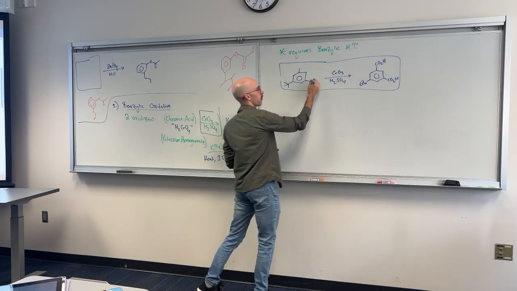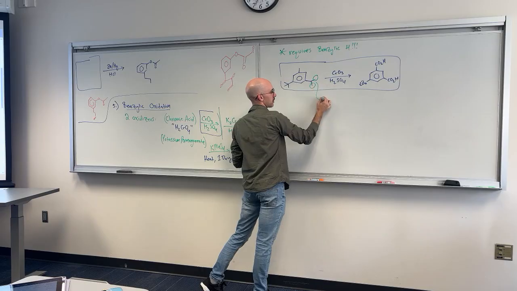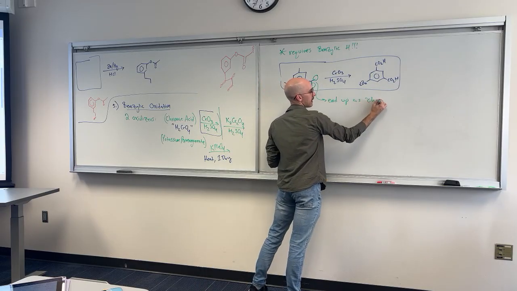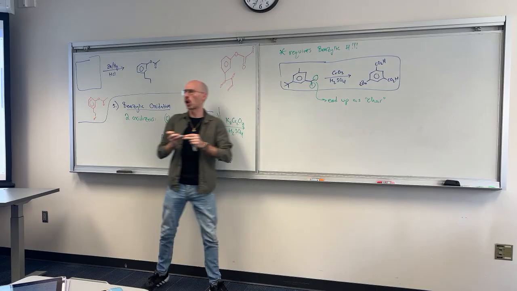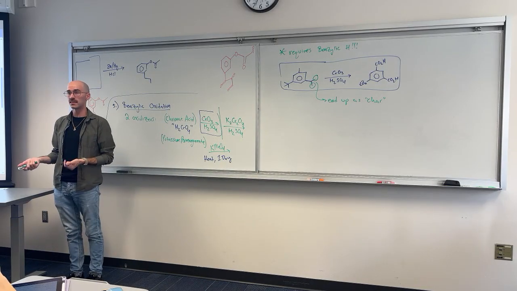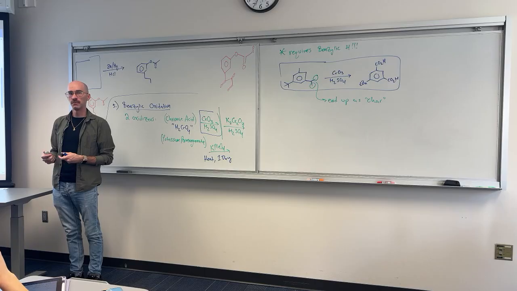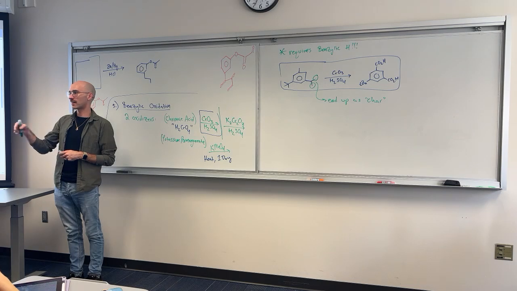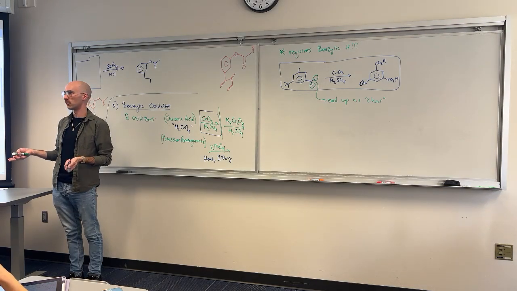So what I like to point out is that these groups end up as this sort of char. They will also get oxidized in this process, but not being stabilized by the benzene ring, their oxidation is not as clean, not as neat, not as useful.